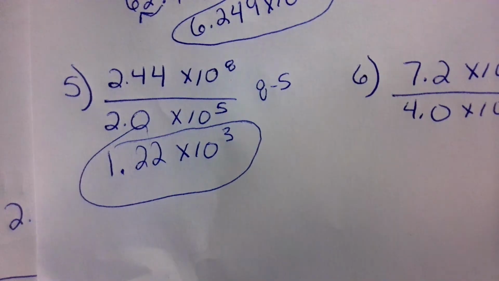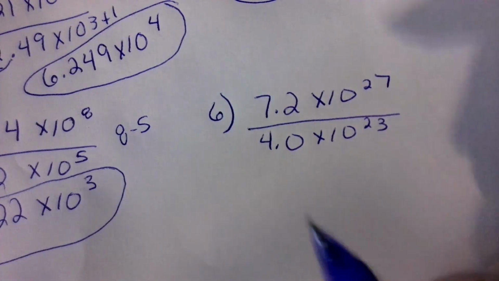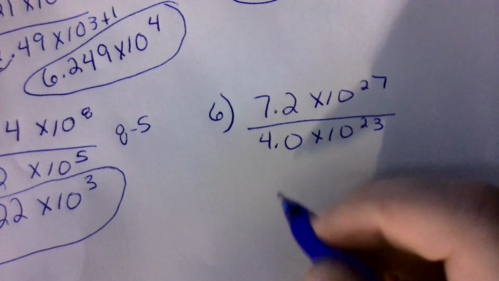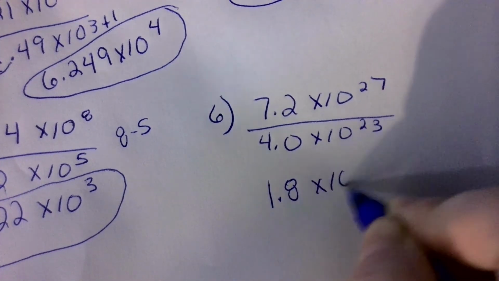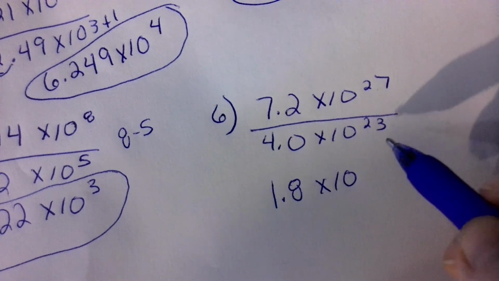Number 6, divide 7.2 by 4.0. I get 1.8 times 10. 27 minus 23 gives me 4.